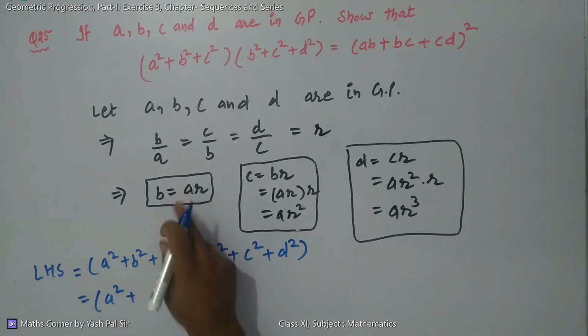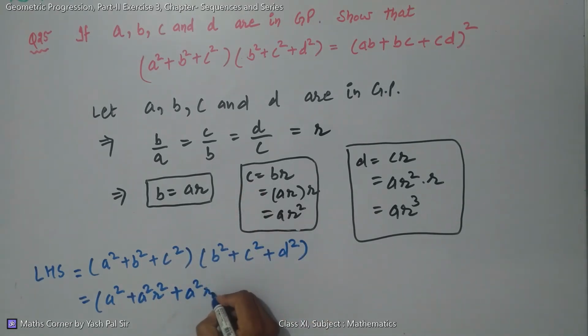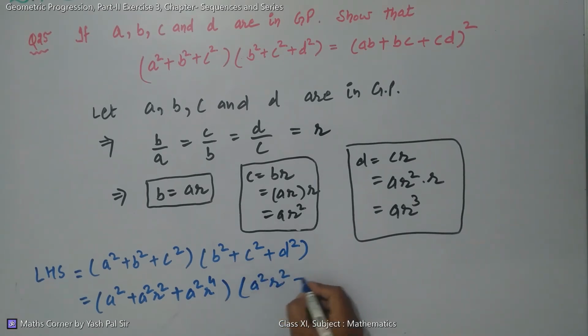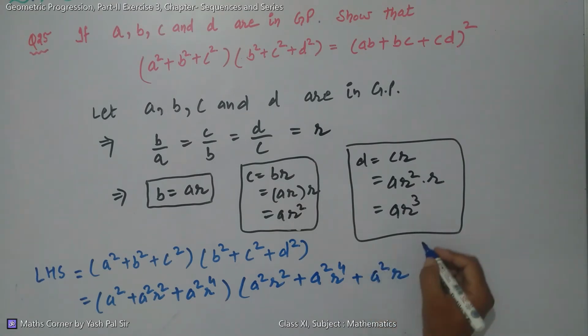B square becomes A square into R square. C square becomes A square into R raised to power 4, into again B square is A square into R square plus C square is A square into R raised to power 4 plus D square is A square into R raised to power 6.